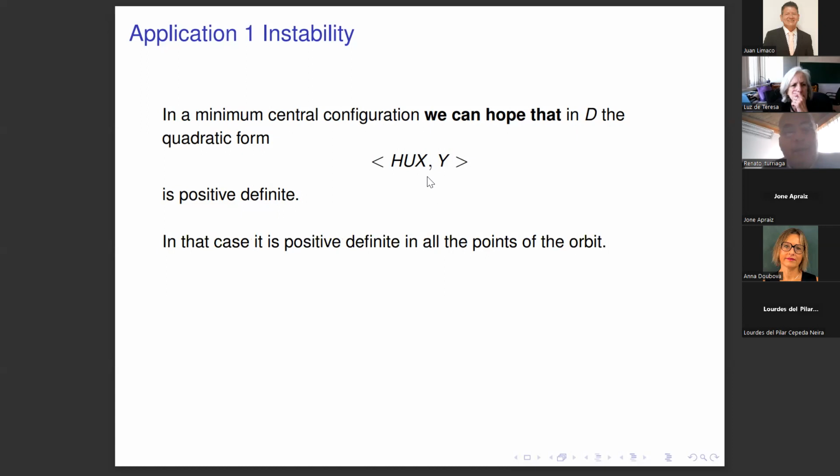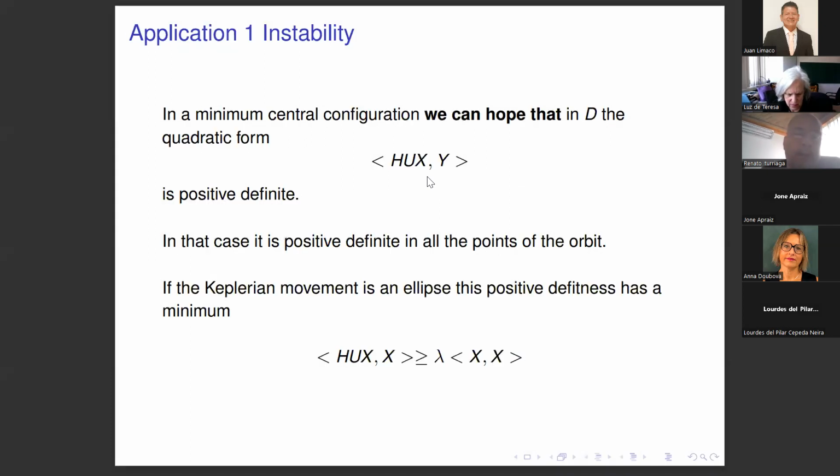And in that case, it will be positive definite at all points of the orbit, because we understand how the Hessian behaves. It is invariant under rotations, and it is homogeneous of degree -3 in homothety. So if it's positive definite, it will always be positive definite.